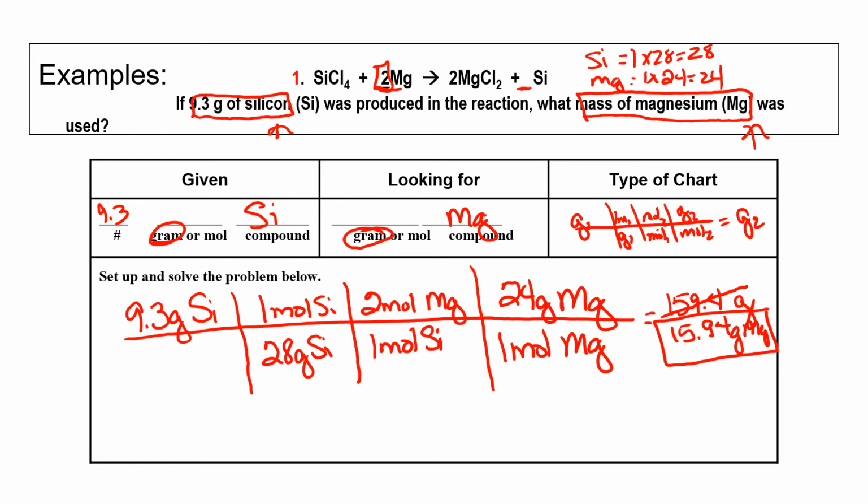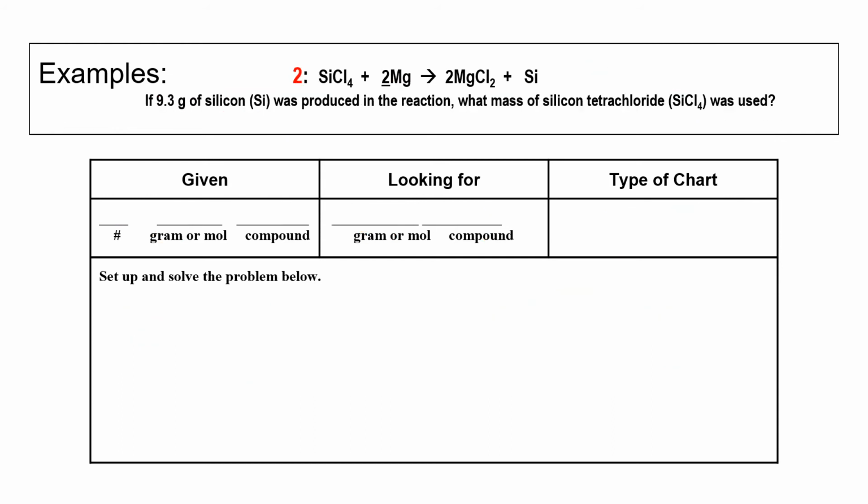Okay, let's do one more. Okay, so let's look at this one. And we're using the same equation as we used the last time. So again, we are going from grams to grams, so it is a 3-step process. We are given, again, the 9.3 grams of silicon.